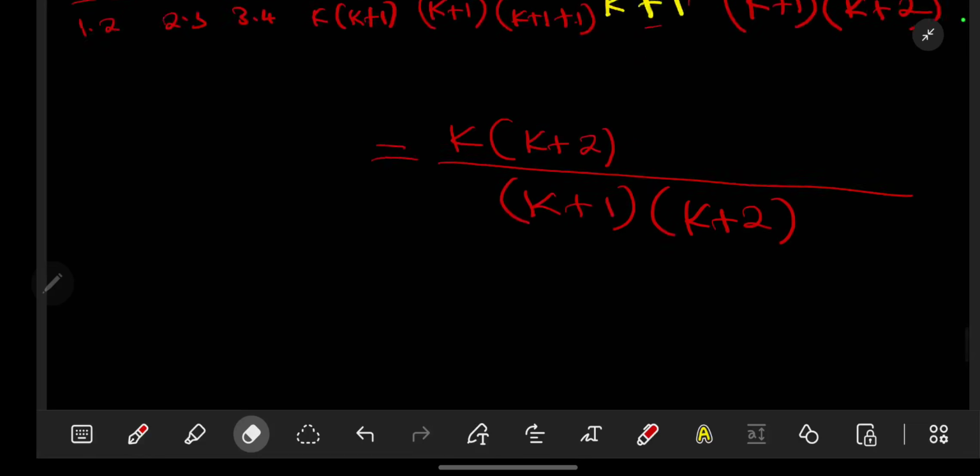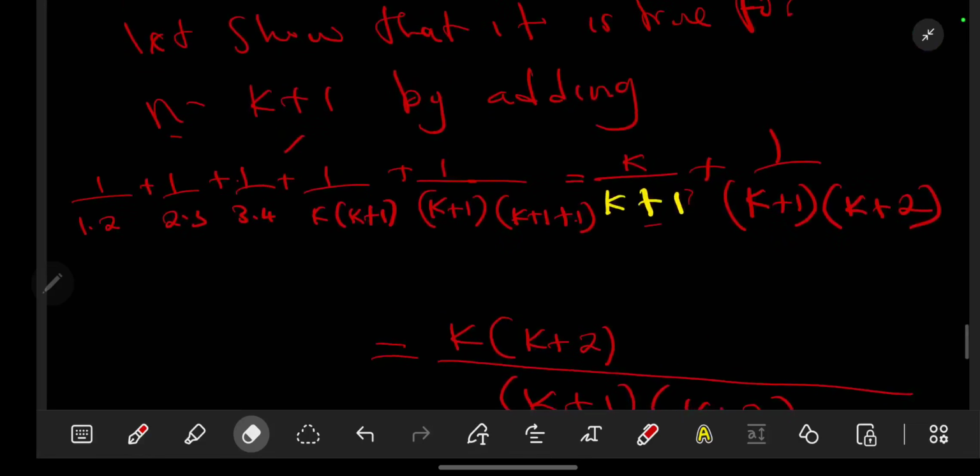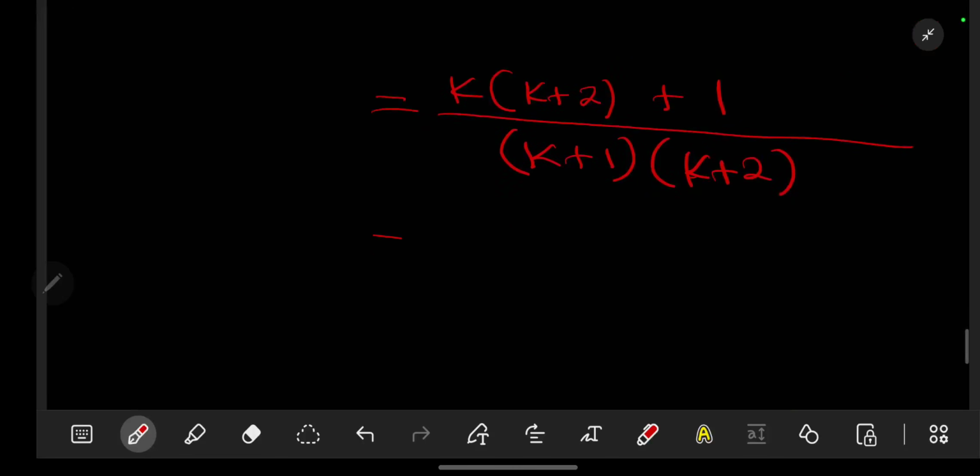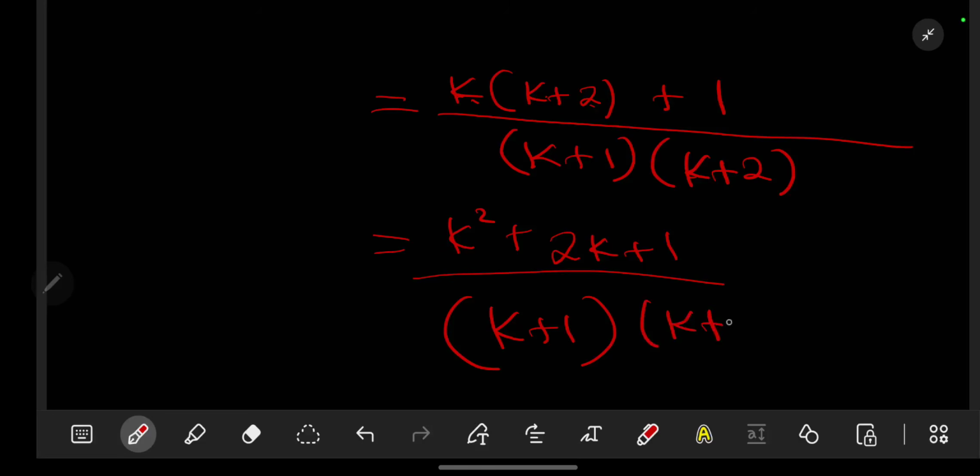So we have k plus 2, then plus, this divided by this is 1. Then we have k times k, it will be k squared, plus k by 2, it will be 2k, plus 1 over k plus 1, then we have k plus 2.